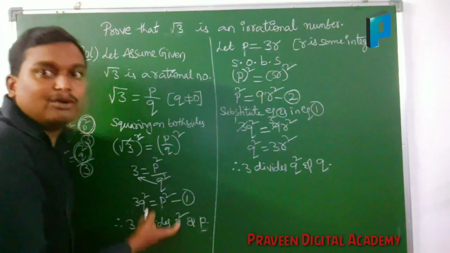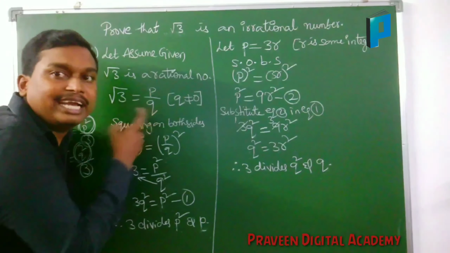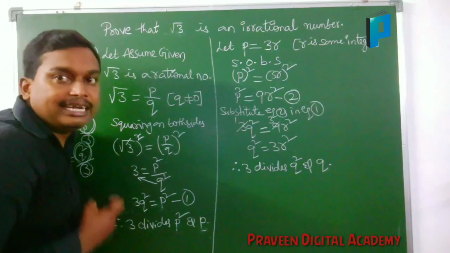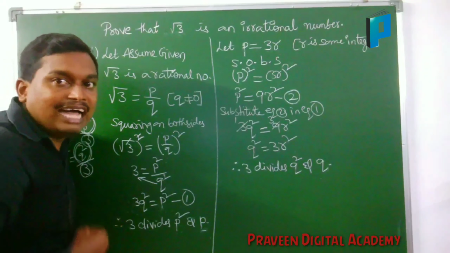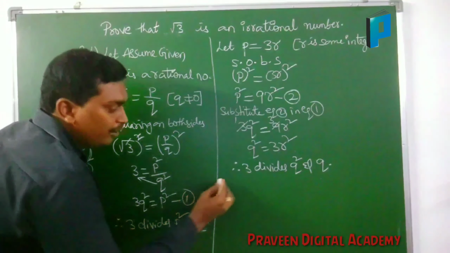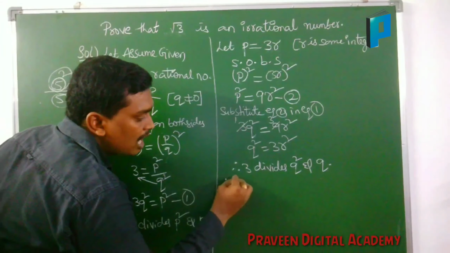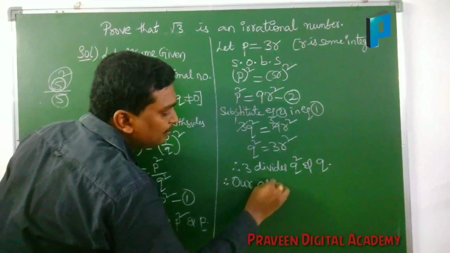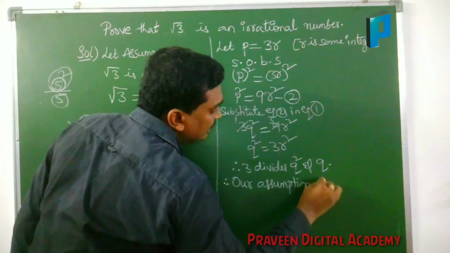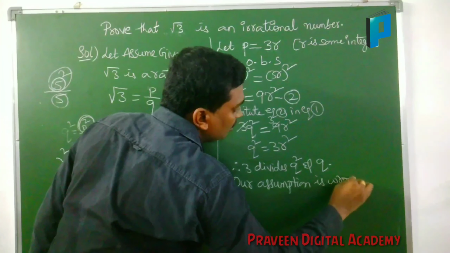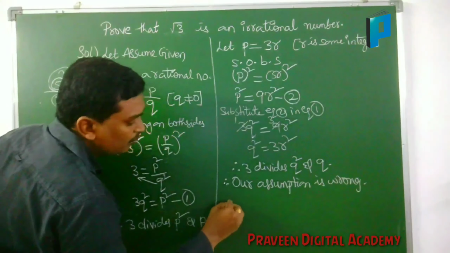Whenever the same number is dividing both the numerator and the denominator, at that time we will call such kind of number an irrational number. Therefore, our assumption is wrong. Therefore, what you can say?